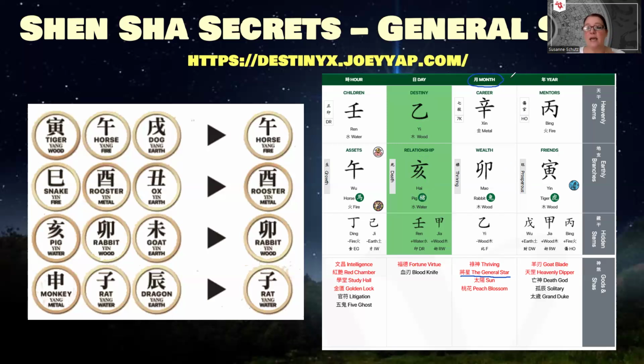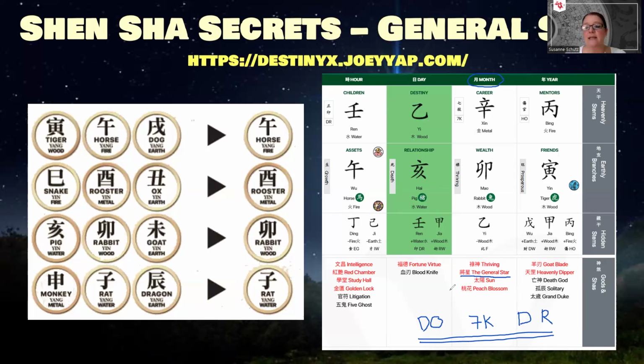In order for the general star to be effective, it needs to be paired with one of three stars: either direct officer, the abbreviation is DO, or 7 killings, the abbreviation is 7K, or direct resource, abbreviation is DR. So it has to be paired with one of those.